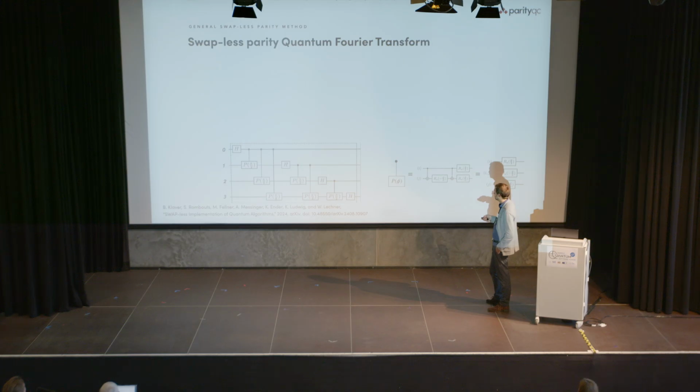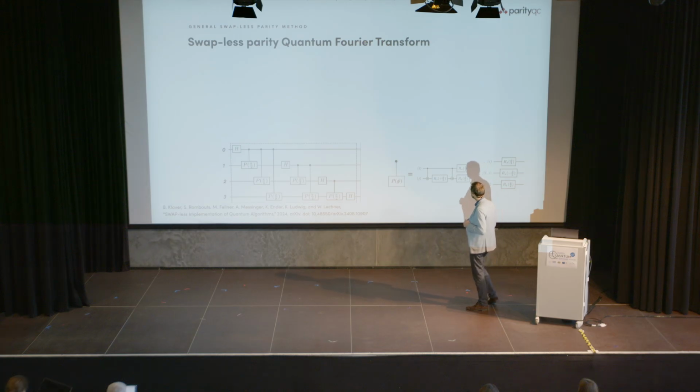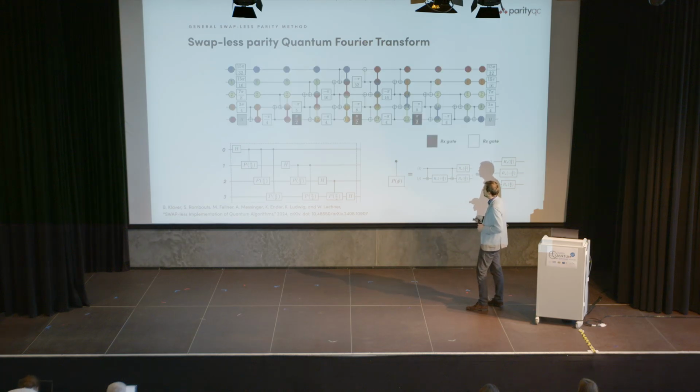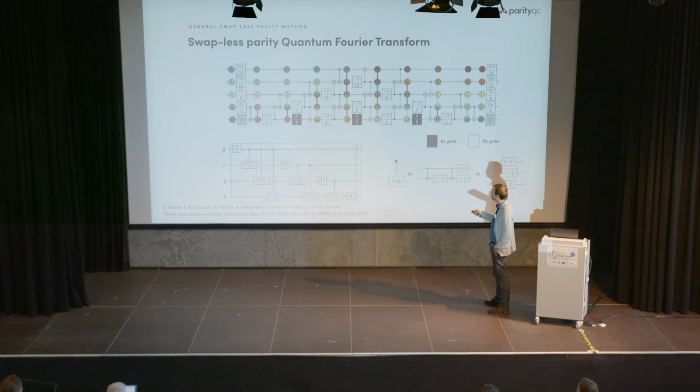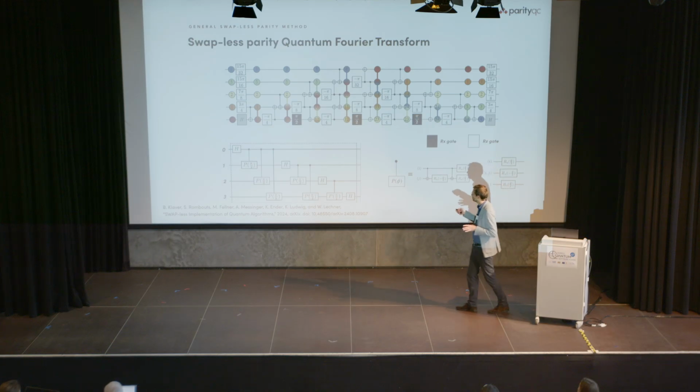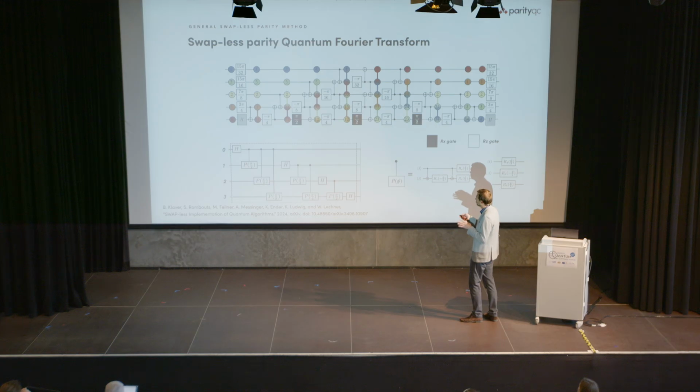This is the textbook Fourier transform, which requires all-to-all C-phase operations. And now we can implement this in this parity language. I don't want to go into detail on all of this, but I would like to show you a few highlights.